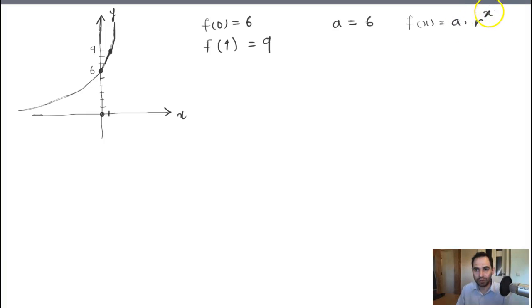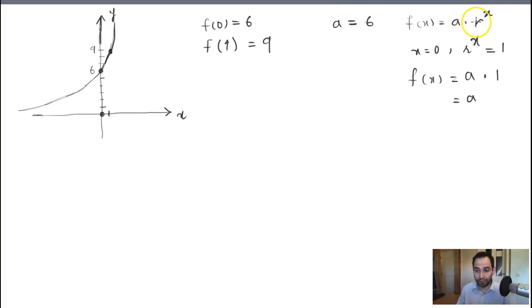When x is equal to 0, then r raised to the power x becomes 1, whatever r might be. Then f of x becomes a times 1, which is equal to a. So when x is equal to 0, f of x is equal to a. So a is equal to 6 here, and that's the reason why 6 is your a.